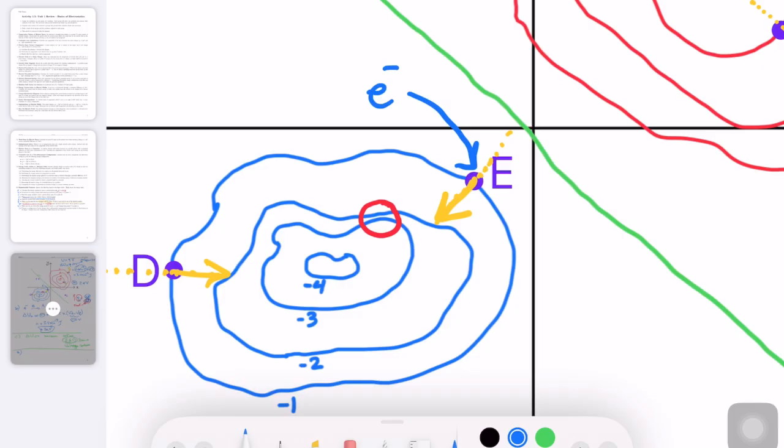If you recall, positive charges would actually flow in the direction of electric field, but negative charges would go opposite. So when the question says be as specific as possible, it means you have to actually draw the arrow and say that this is going to be the direction that the electron is going to move on.